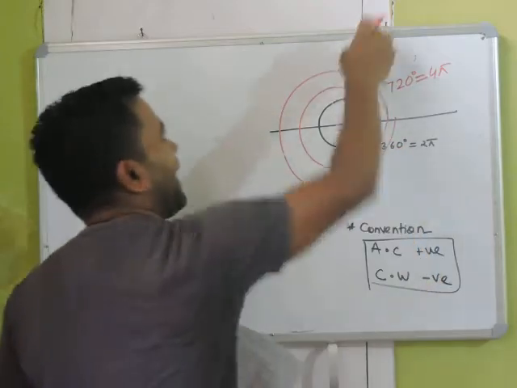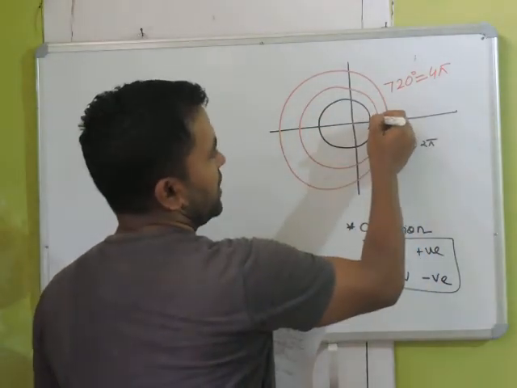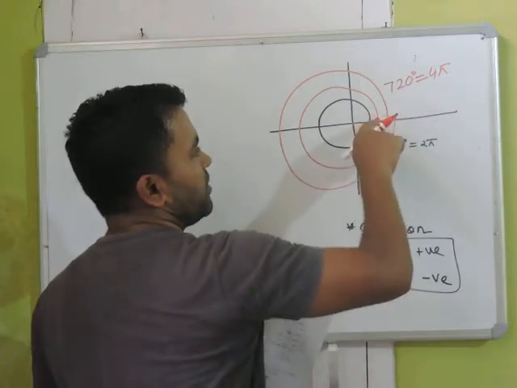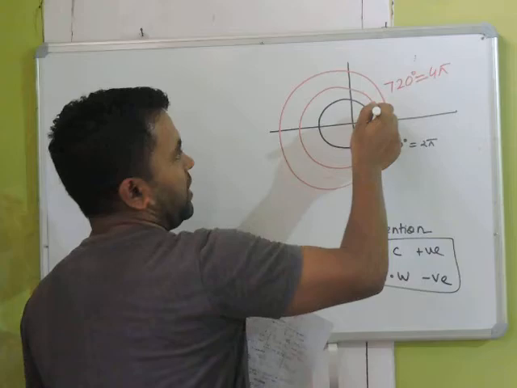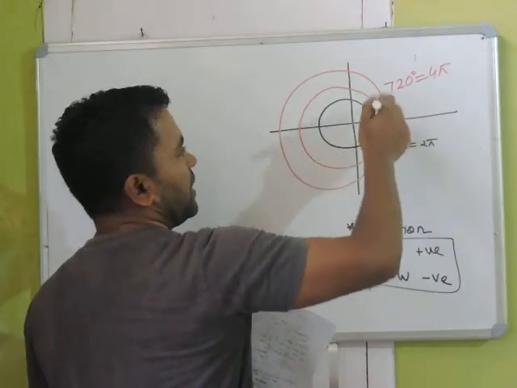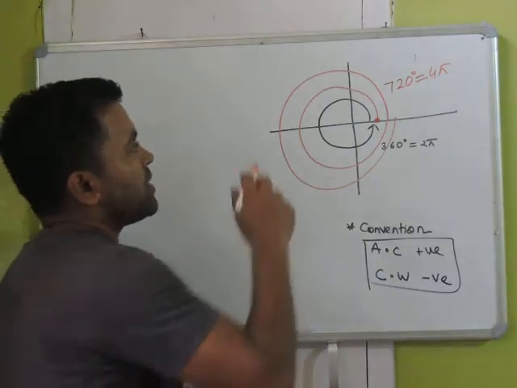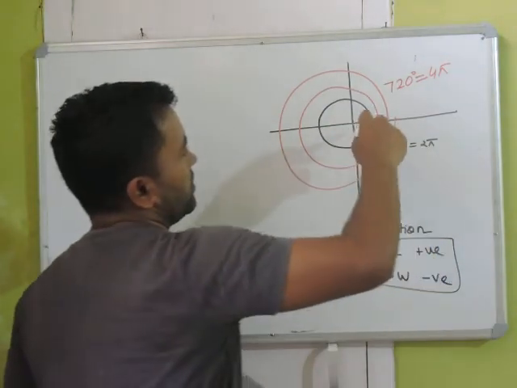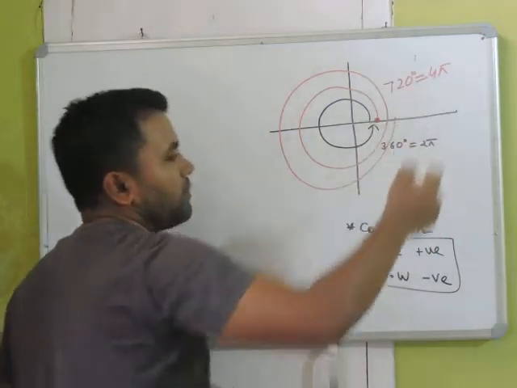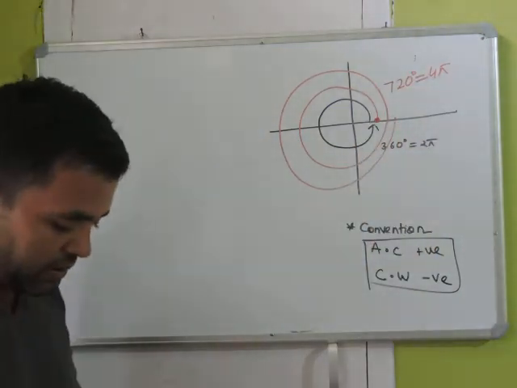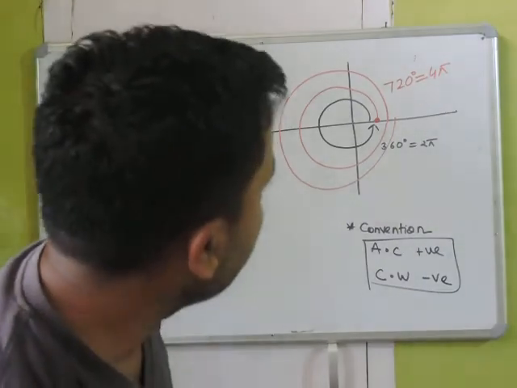So first you have to select from where you are measuring. Generally let us say we are measuring with respect to the x-axis. If I go in this direction, then these things are positive and you have to keep on adding. Same thing, if I go in the opposite direction, I will describe minus 2 pi and minus 4 pi.